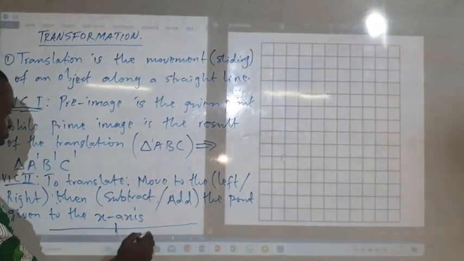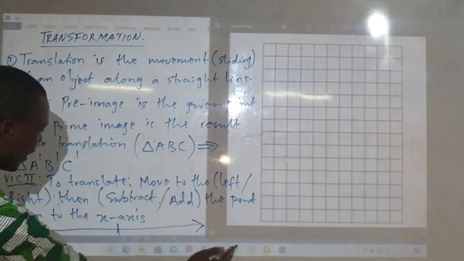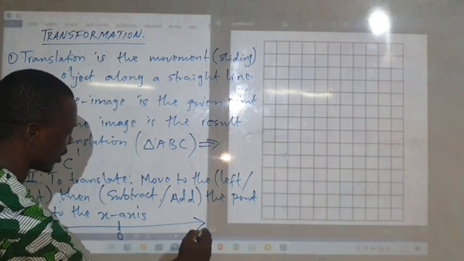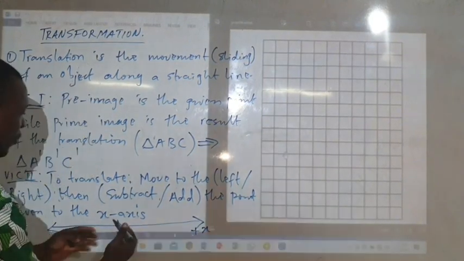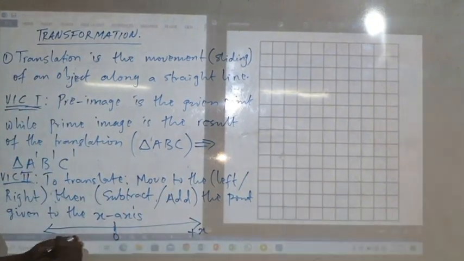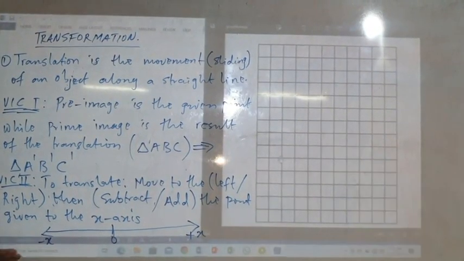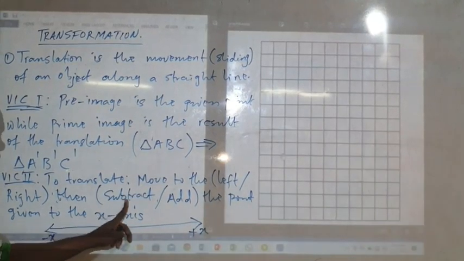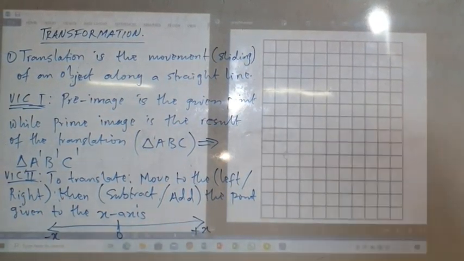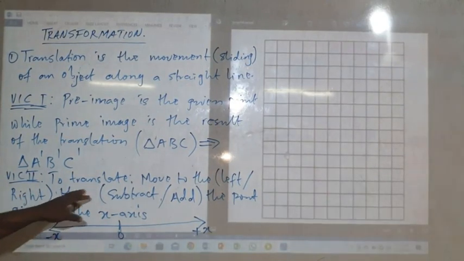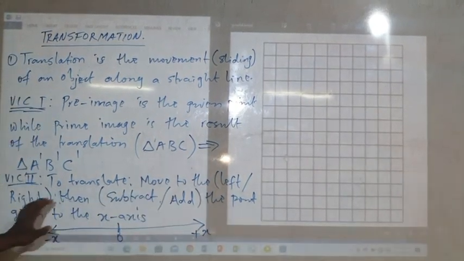If you move to the right, that is the positive axis, separated by 0, then we have the negative axis. If you are moving to the right of the X-axis, we are adding to the X-axis, but if you are moving to the left, we are subtracting from the X-axis. This is the first part under VIC2.